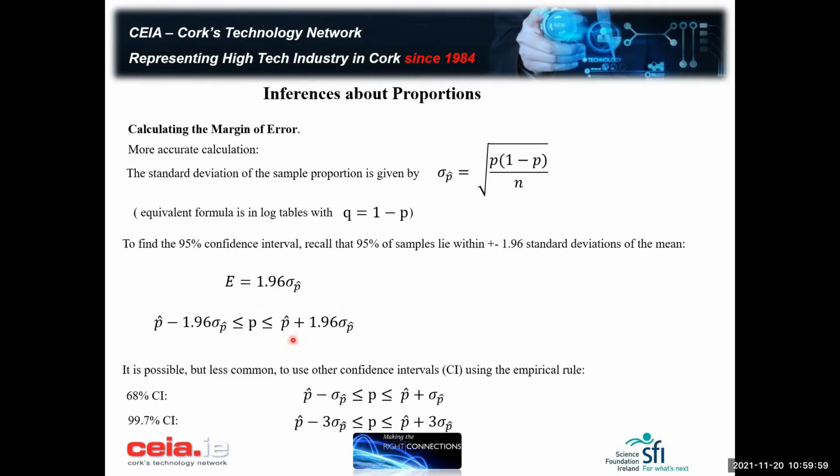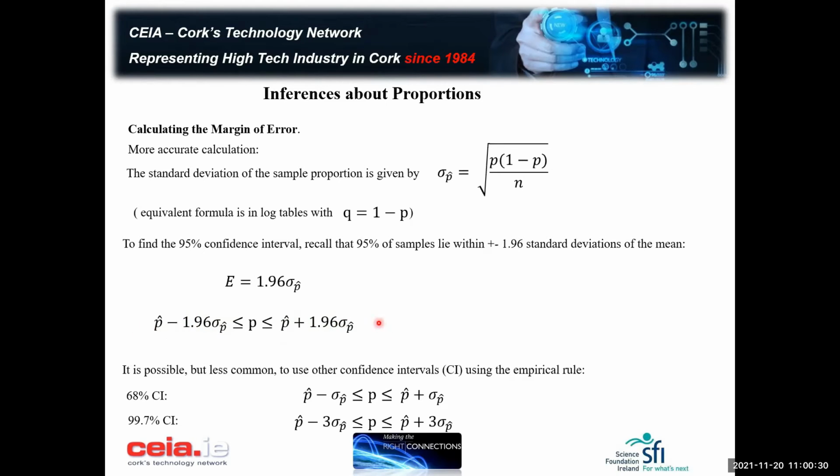So you can write your interval in this way. Your true population proportion lies between p hat minus 1.96 times the standard deviation and p hat plus 1.96 times the standard deviation. So this is an alternative to having the 1 over square root n here and here.